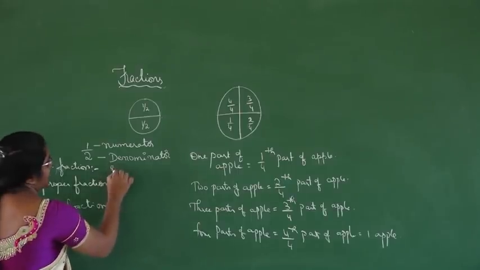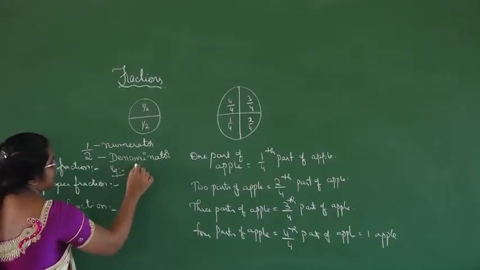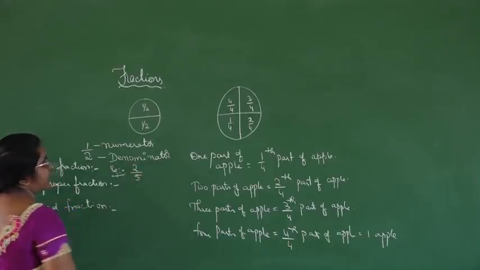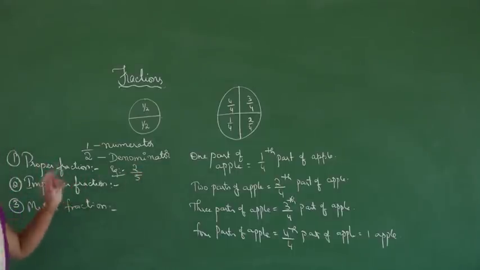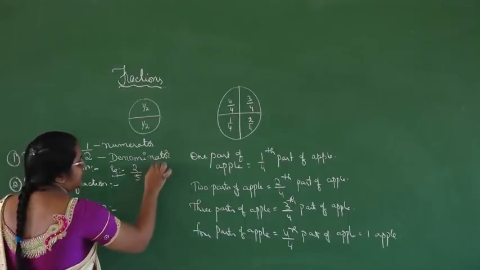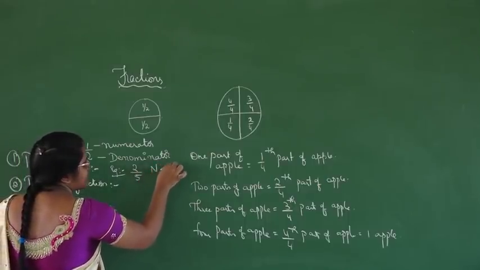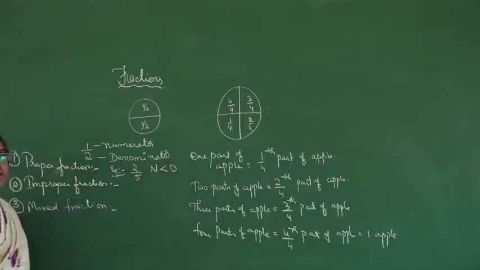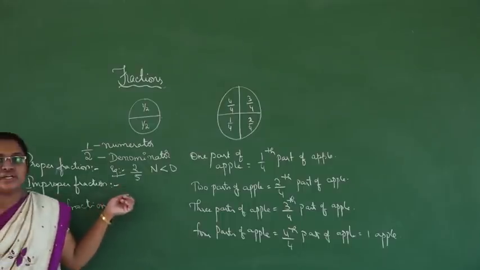Proper fraction is, see, for example 2 by 5. 2 is the numerator and 5 is the denominator. If the numerator is less than the denominator, then we can tell that it is a proper fraction.